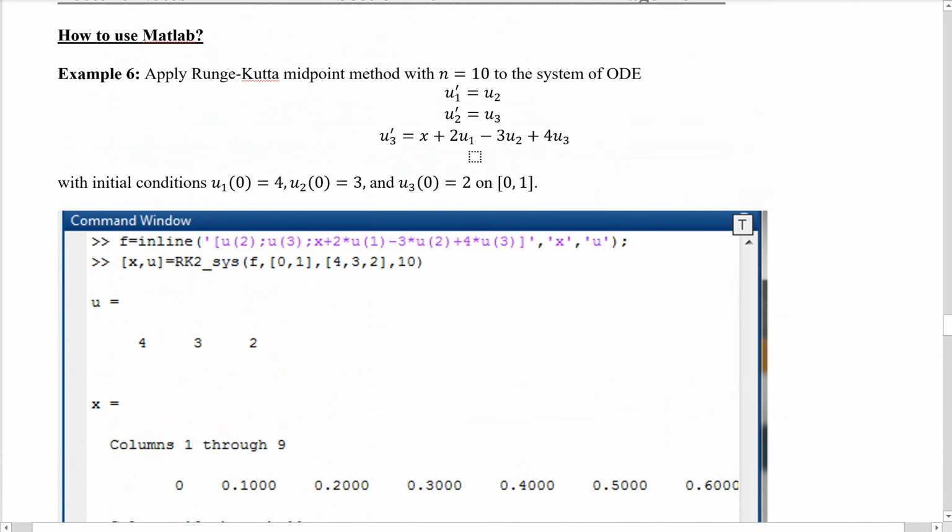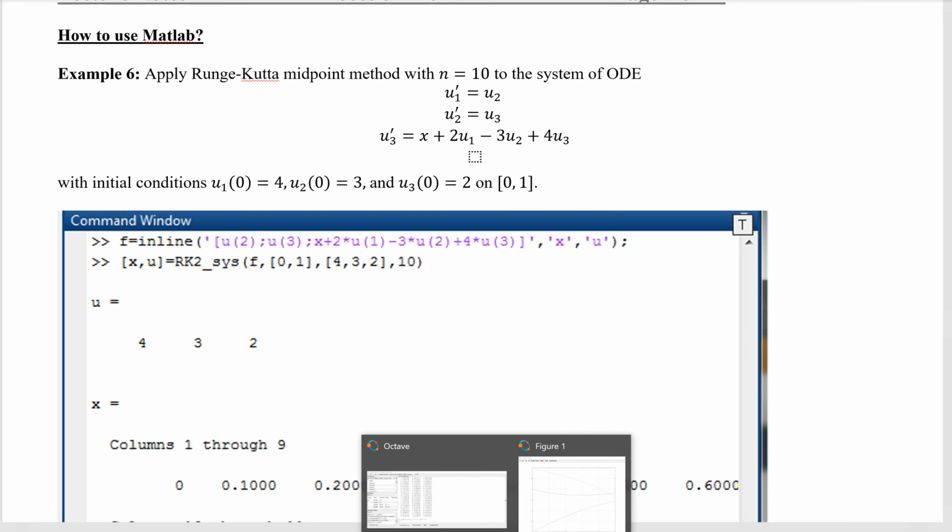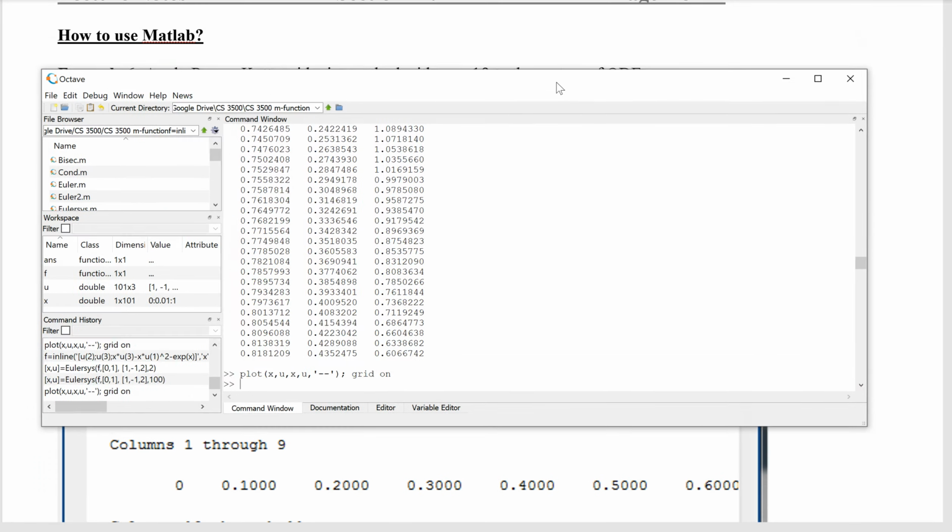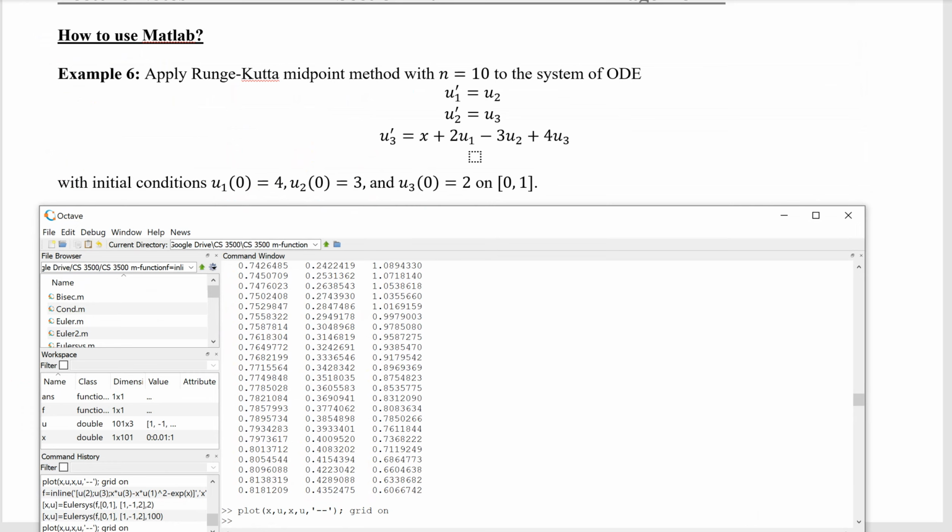Let me type it here using Octave with you. Let's see. So we have F. F is, so this is 3 coordinates. So we have U2, U3. Oh, we have that. And then the last one change is X plus 2 times U1.